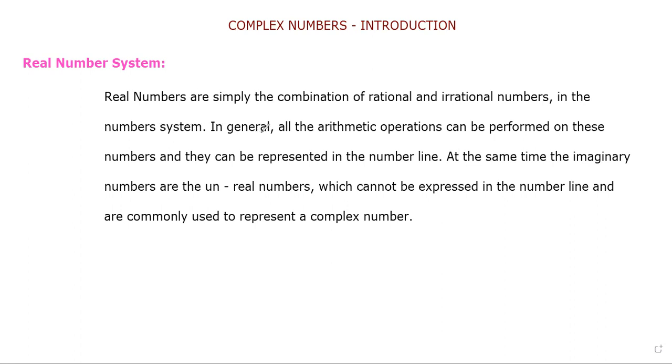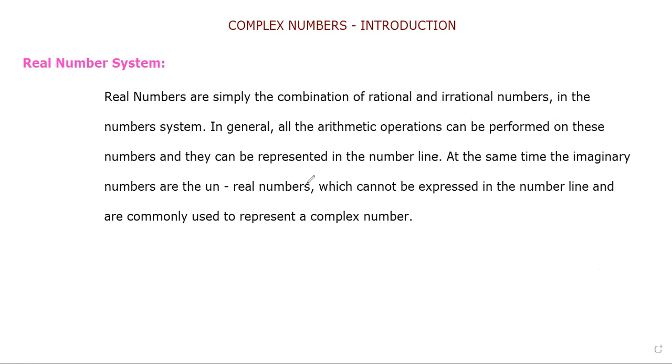In general, all the arithmetic operations can be performed on these numbers and they can be represented on the number line. At the same time, the imaginary numbers or the unreal numbers cannot be expressed on the number line and are commonly used to represent a complex number.